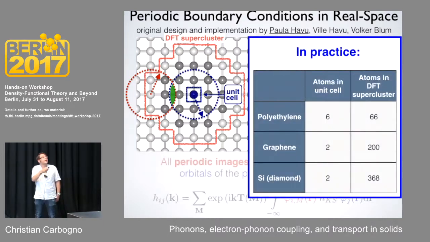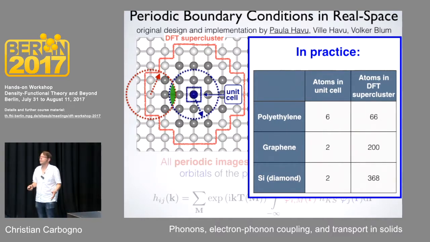So just to give you an idea, for 1D, 2D, or 3D, even if in the unit cell only 2 atoms are included, if you actually want to perform these integrations, you would need to account for 66 to 100 or even almost 400 atoms that in some way interact with the unit cell.